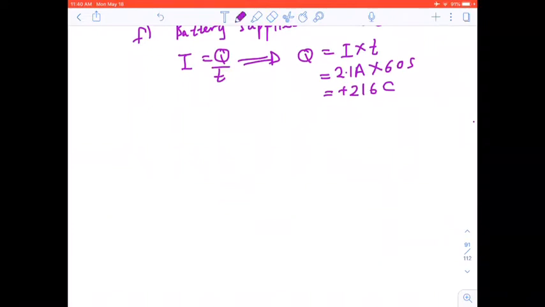So we know that N is equal to Q upon e. That was on your data sheet. That e stands for the charge of an electron, and Q stood for the overall charge, and N is the number of electrons.